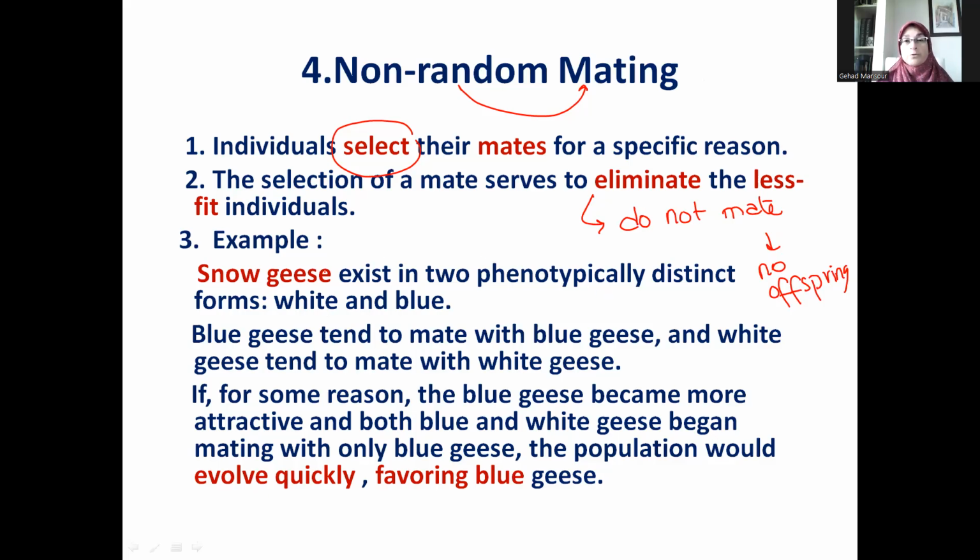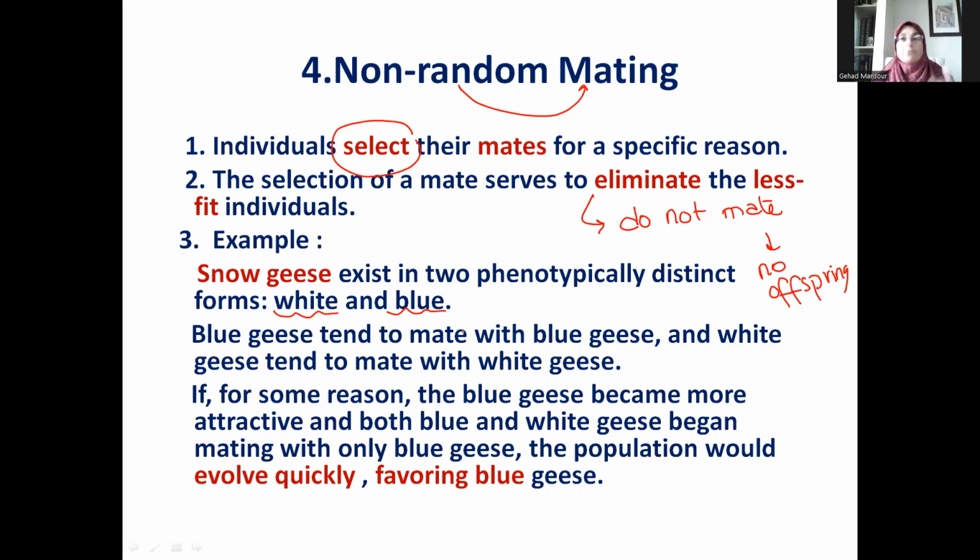For example, snow geese. Snow geese are of two phenotypes, white and blue. Usually, white geese tend to mate with white geese, and blue geese tend to mate with blue ones.